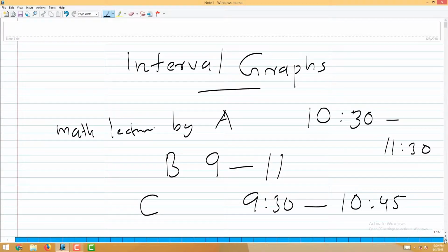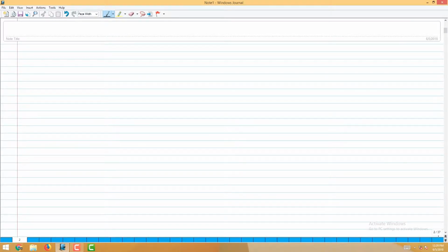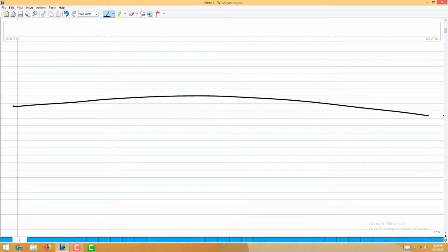Therefore, each lecture essentially is the time interval in which it is happening. On the real line we can mark it. The first lecture, A, is from 10:30 to 11:30. B is from 9 to 11, because that is the interval.